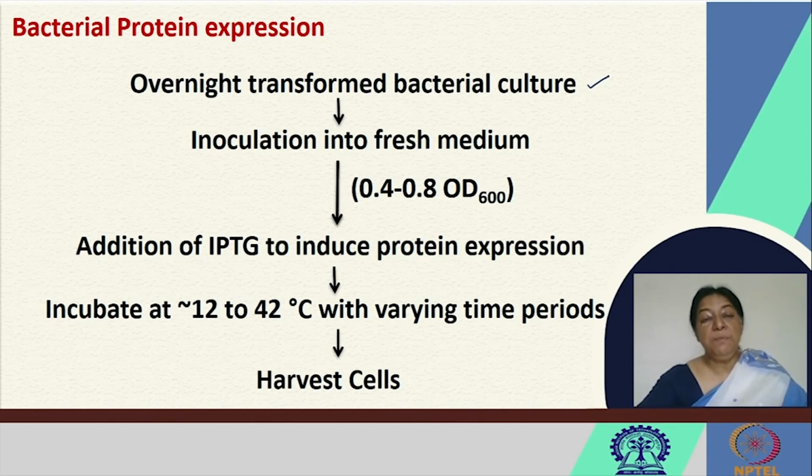But we have to remember that this protein is present in these cells, and we have to isolate it using a centrifuge and then specific chromatographic methods, which we will be discussing in the next lecture.